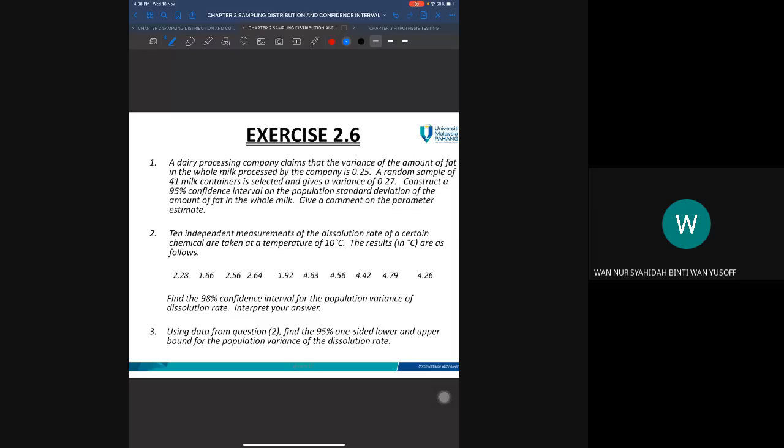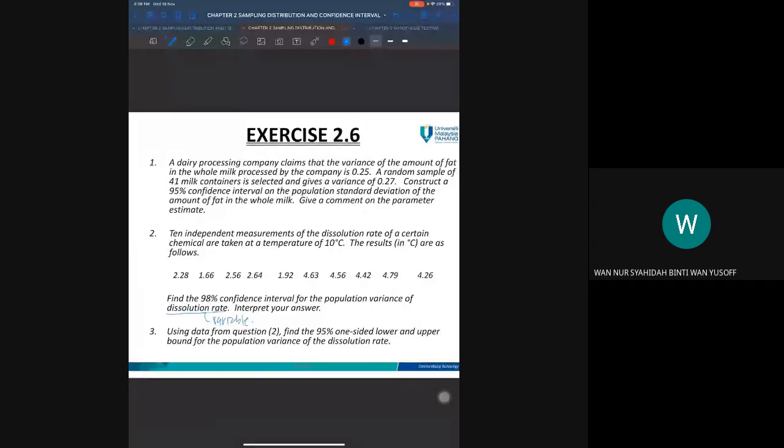So we go to exercise 2.6, number 2 here. What is the variable? The dissolution rate of a certain chemical. So this is your variable, the dissolution rate of a certain chemical.